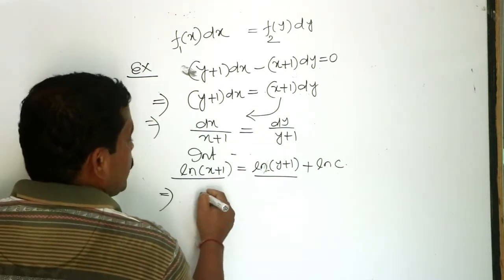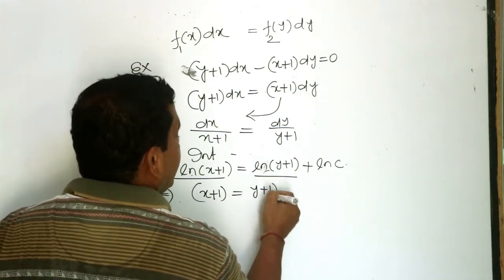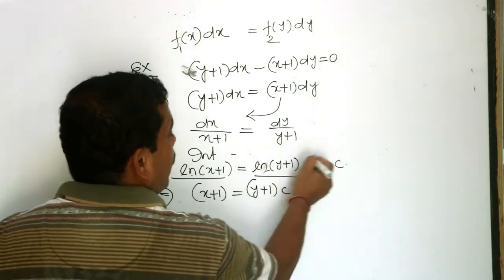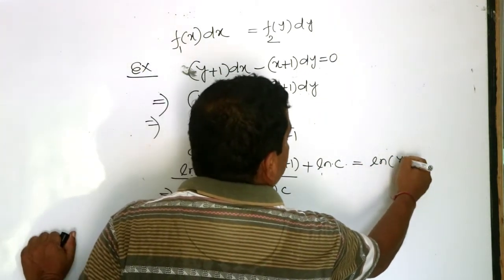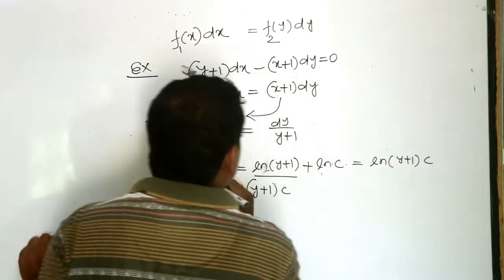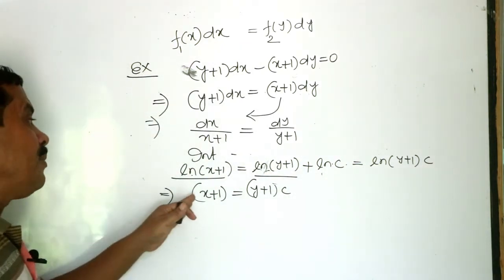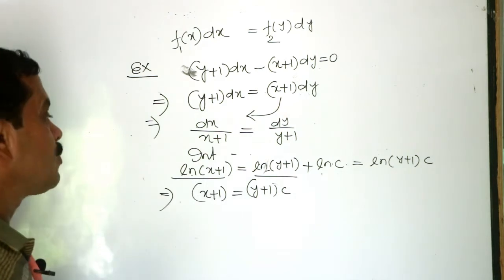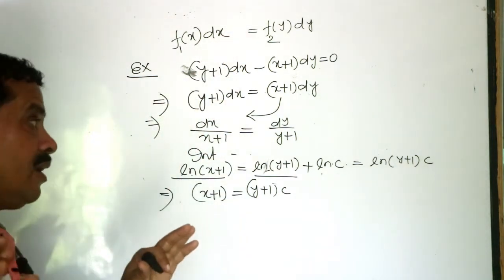Then the solution is x plus 1 equals (y plus 1) into C, because log A plus log B is log AB, that is log of (y plus 1) into C. So deleting the logarithm on both sides, we have x plus 1 equals (y plus 1) into C. This is the solution for this differential equation.